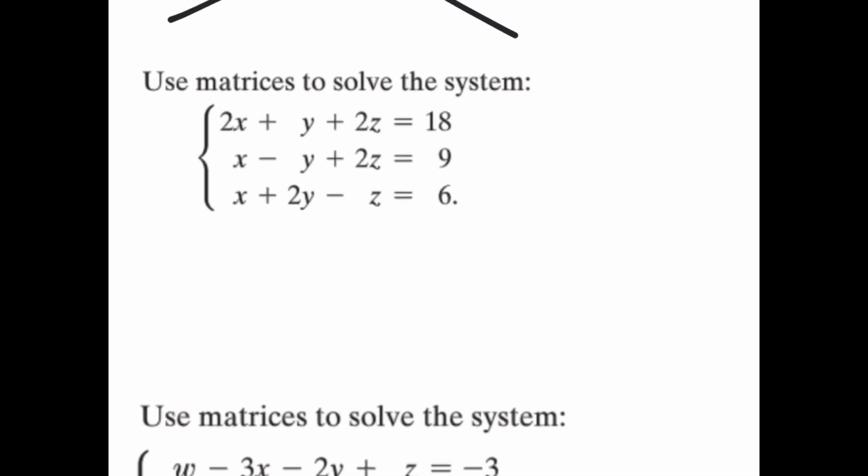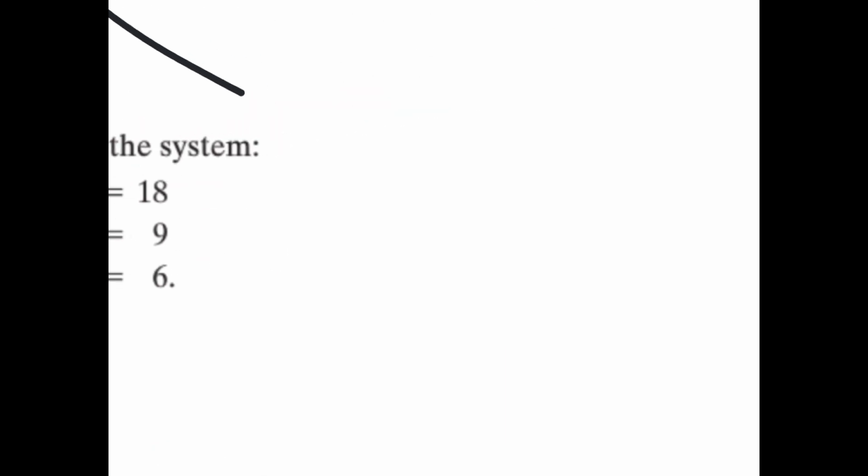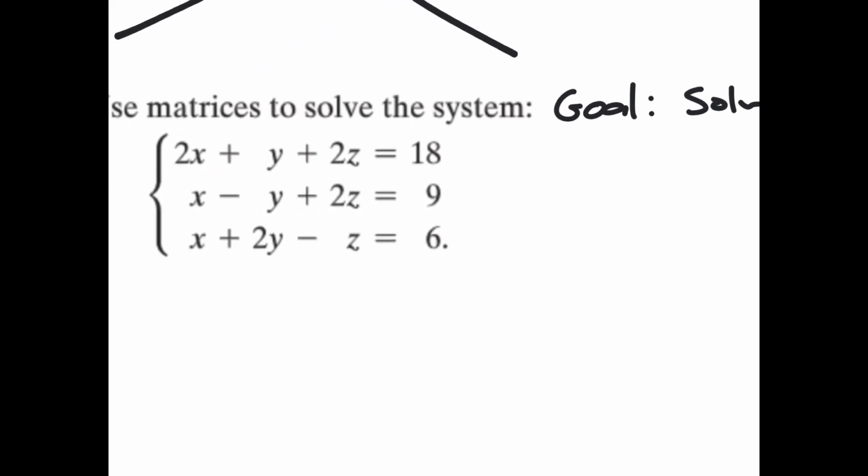Now, what you notice here is that this system has three equations and three variables, all right? And our goal for this is to solve for x, y, and z, okay? And I'm going to show you how we can use a matrix to do that.